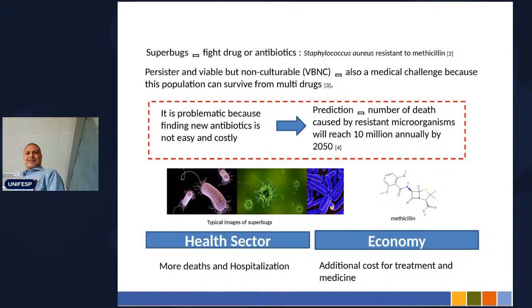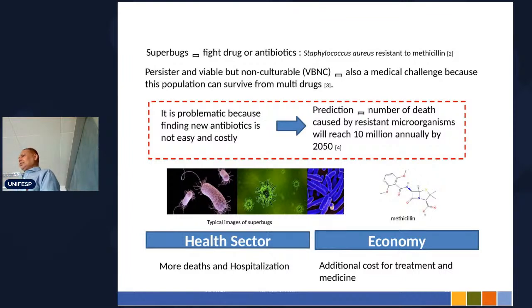So as you know, antibiotic resistance is a big problem. Many people say that the number of deaths caused by resistant microorganisms will reach 10 million annually by 2050, and already now many people are dying because no drug is acting against some infections, some bacteria.